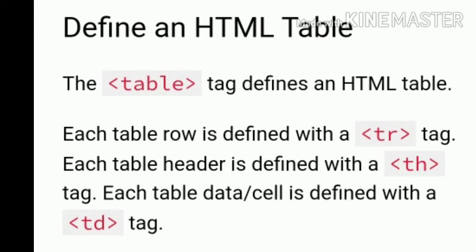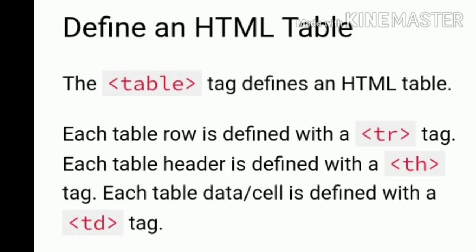The cell spacing attribute defines the space between table cells, while cell padding represents the distance between the cell border and the content within a cell.